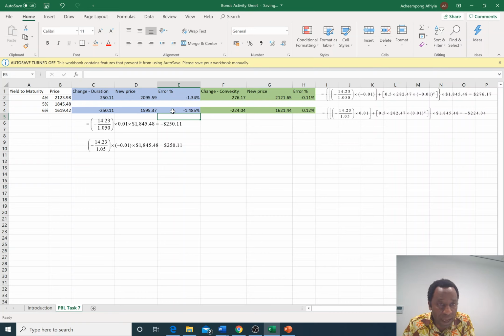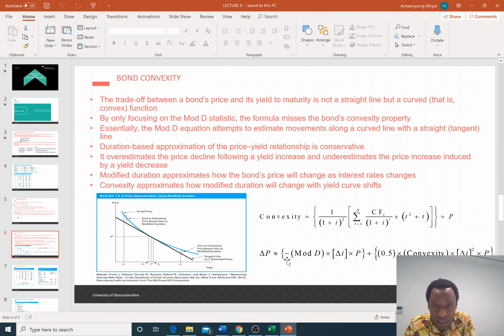If we had to work out the expected change in price using the convexity, right, then we have to use the formula. So the convexity formula, remember, just augments the duration. Okay, so you can see it here. That's the formula there.